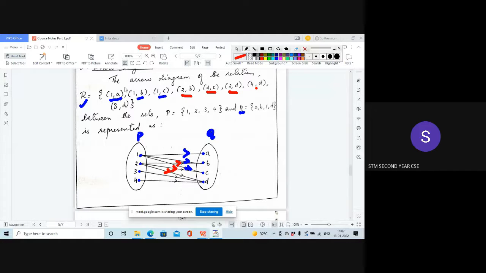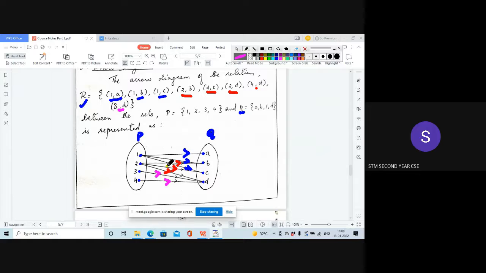To represent 4D, you have to draw a straight line from 4 to D and put an arrow. Next ordered pair is 3D. So from 3 to D, you draw a line and put an arrow.